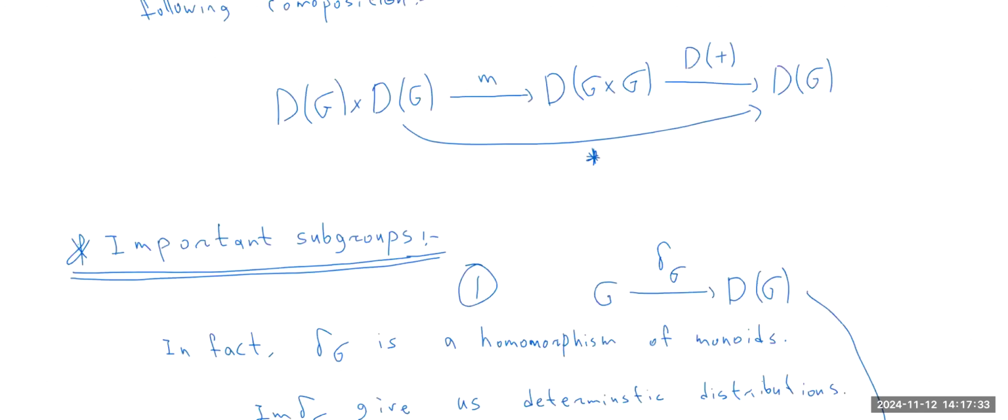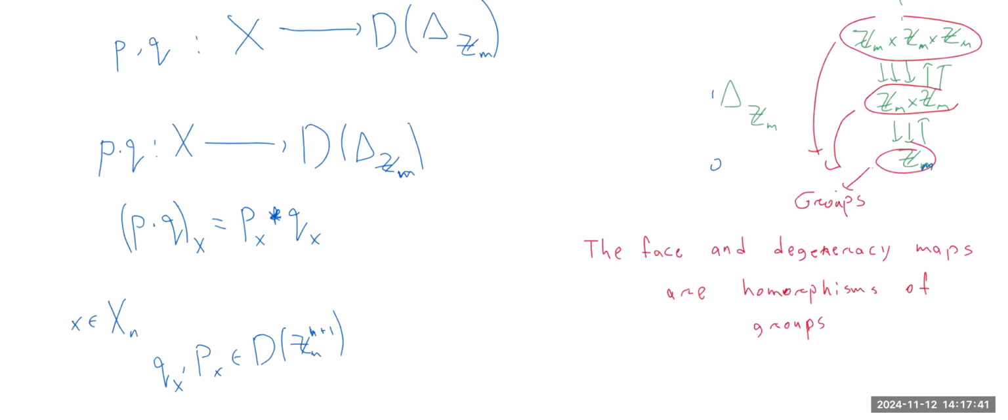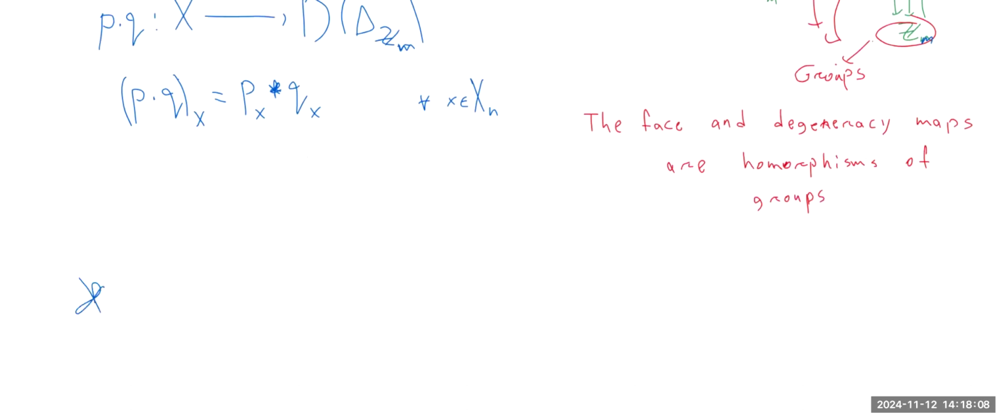So this is why we really get a simplicial distribution, for every x in X. So this is a multiplication, and the simplicial distributions on X, delta Zm, form a convex monoid with this multiplication that we defined.